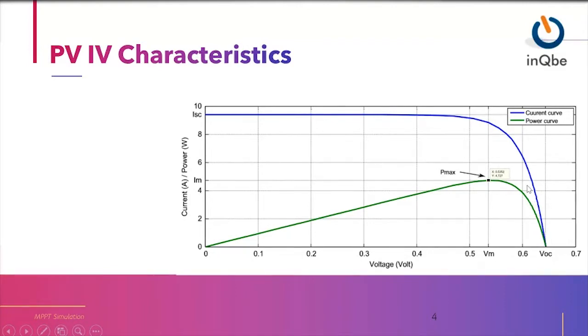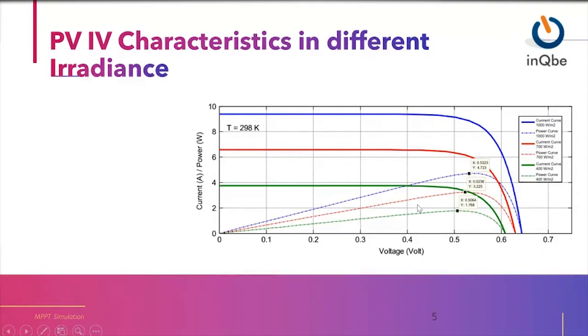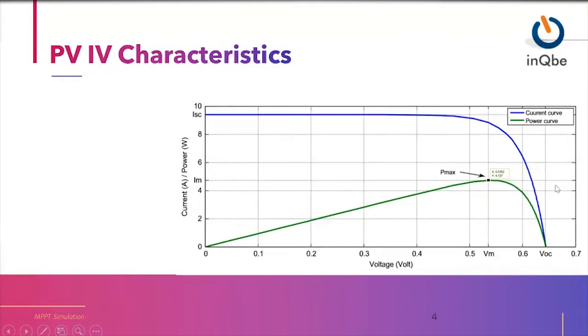When voltage is decreased, there is a curve, a blue curve, that is the I-V characteristic. In this I-V curve, if voltage is decreasing and power is decreasing, we will change to reverse mode.